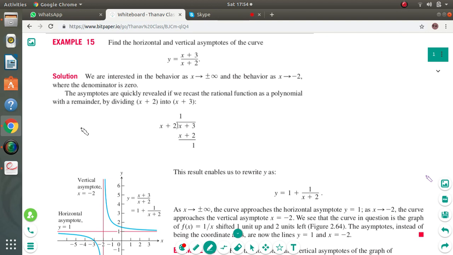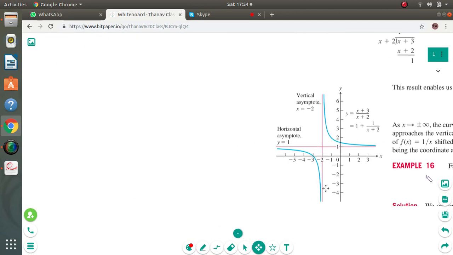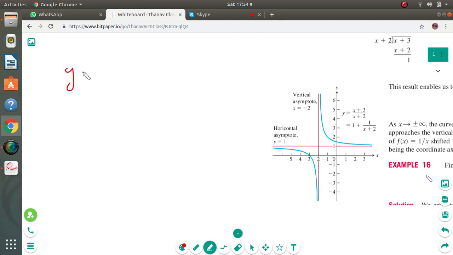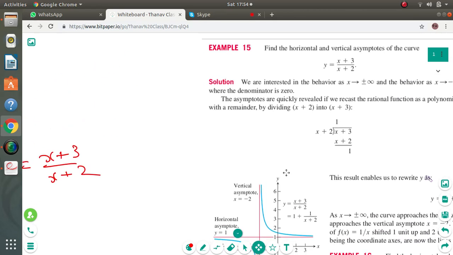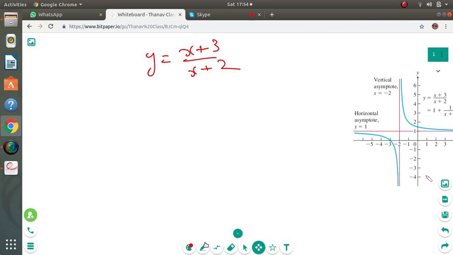No. Let me tell you how to find the horizontal and vertical asymptote here. Very simple method. Let me give you the concept here. So here we have y equal to x plus 3 by x plus 2. Let's first of all find the horizontal asymptote.